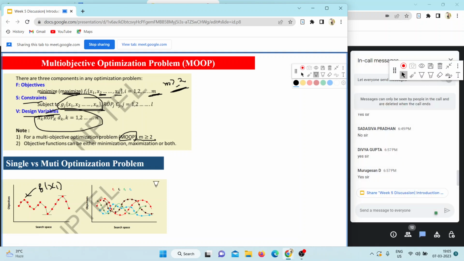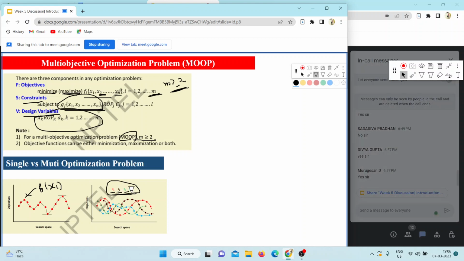But in multi-objective optimization, here we are dealing with four objective functions: f(x1), f(x2), f(x3), and f(x4). The problem with multi-objective optimization is that at a time not all the functions are increasing or decreasing.